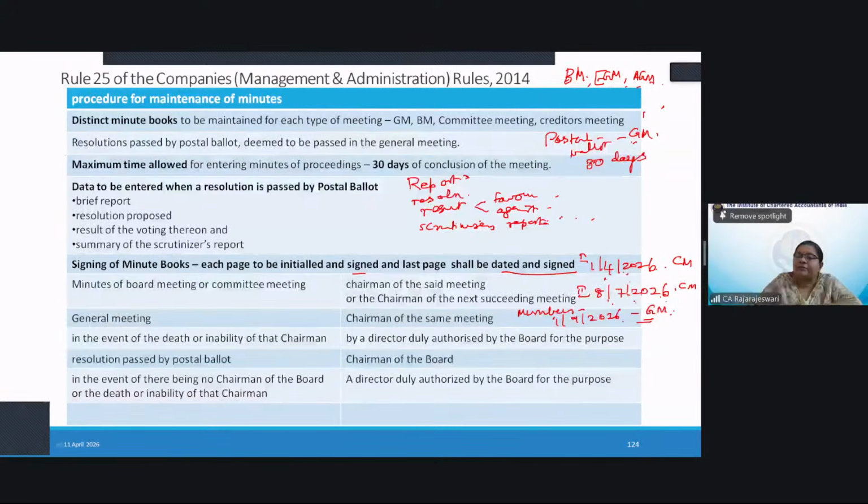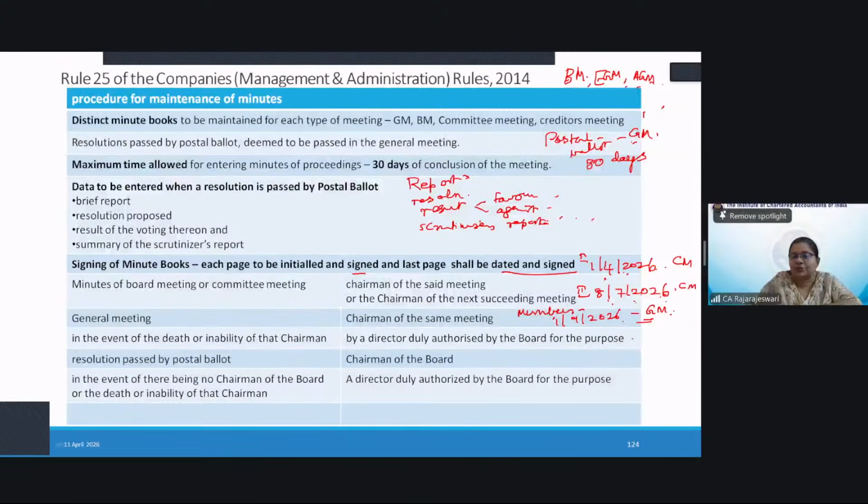Even for board minutes, we insist practically, though the law specifies that it can be signed by the chairman of the next succeeding meeting, that by practice we get it signed by the same chairman. Though the rule provides that it can also be signed by the chairman of the next succeeding meeting if he is not available.